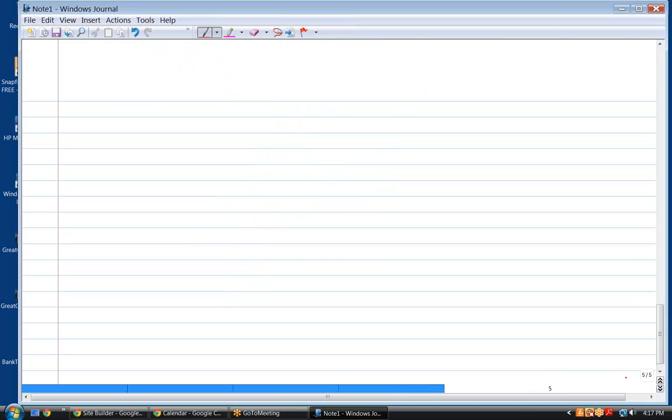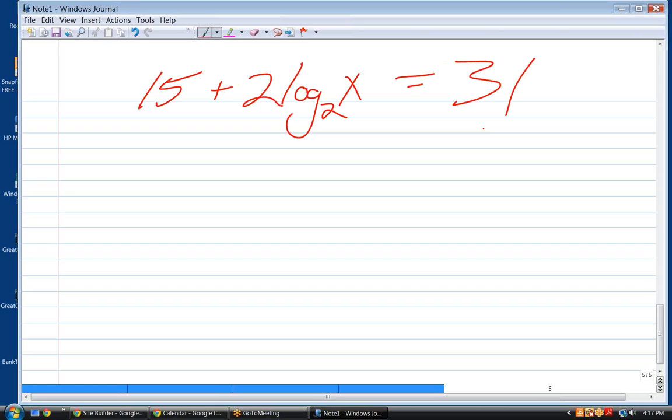15 plus 2 log base 2 of x equals 31. Did I get that right? Okay. So what's my first step? You want to subtract 15 from both sides.